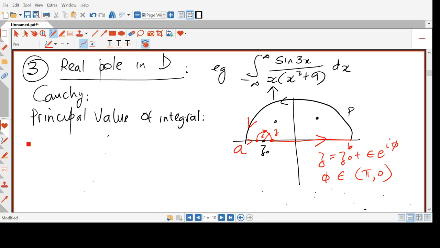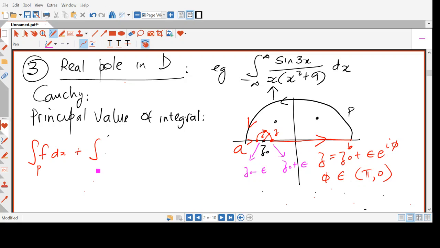So if you want to find the entire integral that we have here in the picture, the integral of f over P dx plus the integral of, now let's take this side here. This point here is z0 minus epsilon. This point here is z0 plus epsilon. The radius is epsilon, if you recall.